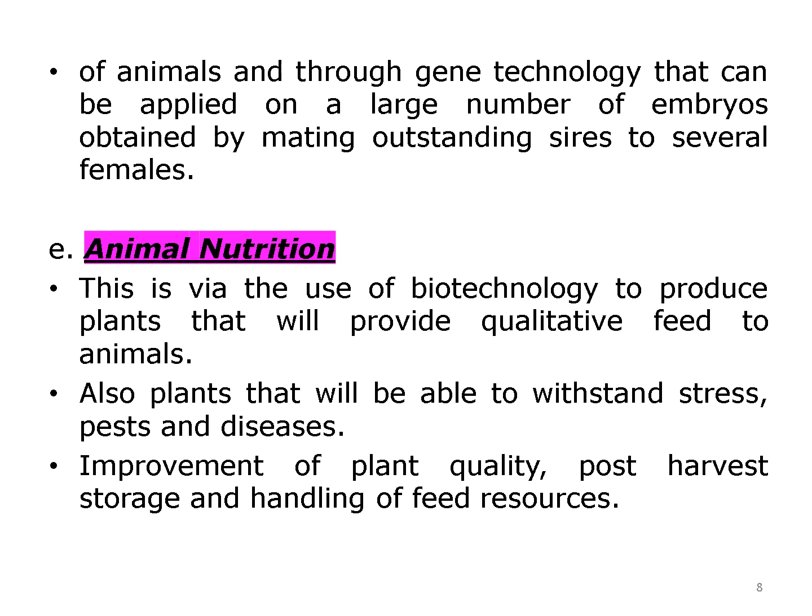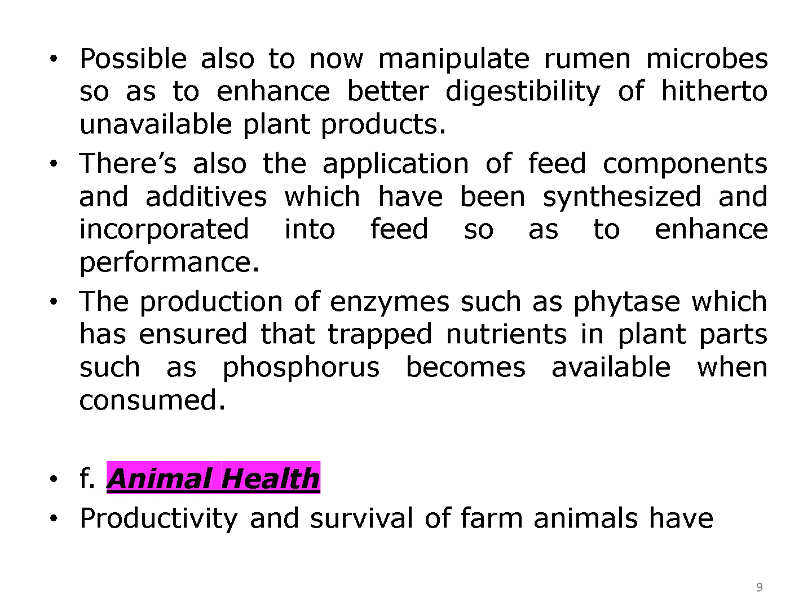Also, we can improve plant quality and post-harvest storage, so that we can have good quality feed resources to feed our animals, particularly the ruminants. We can now even manipulate rumen microbes to an extent as to enhance better digestibility of hitherto unavailable plant products.